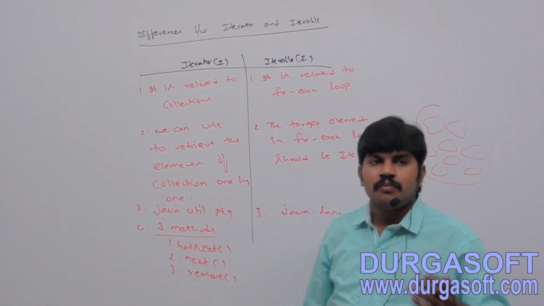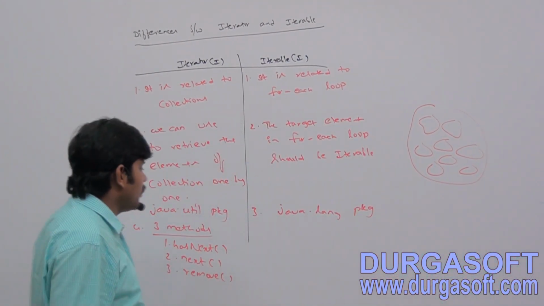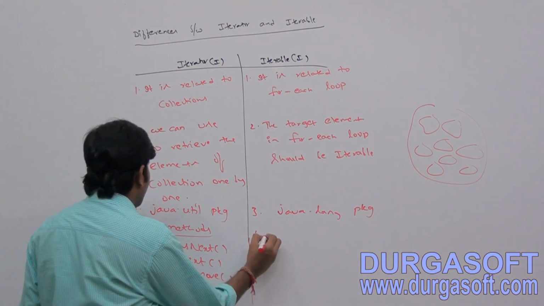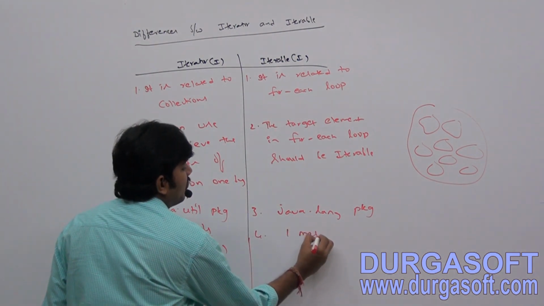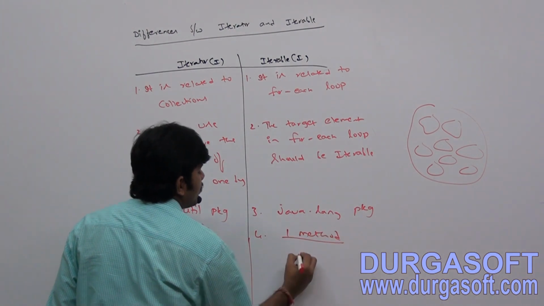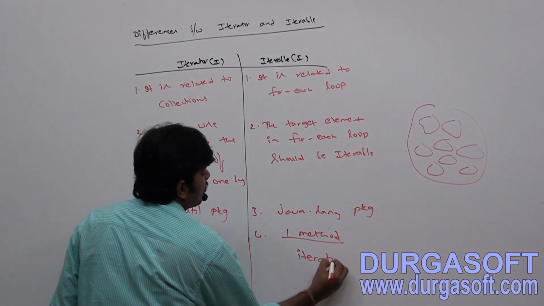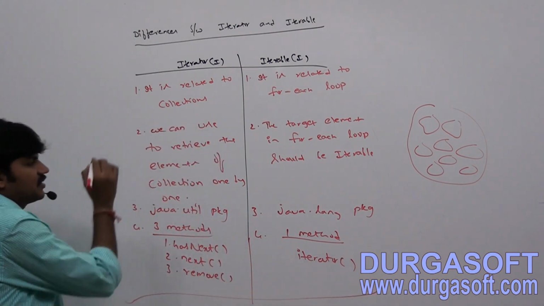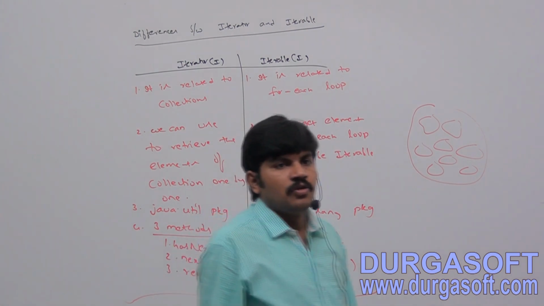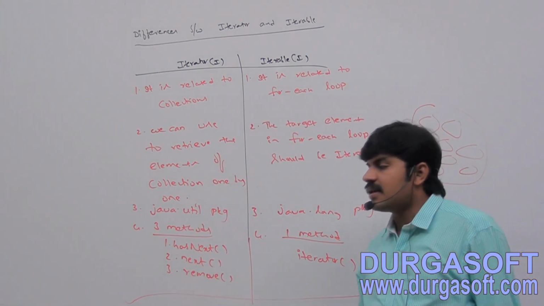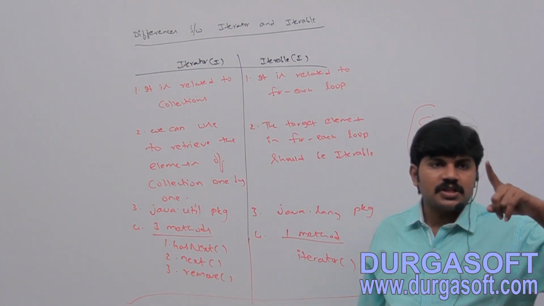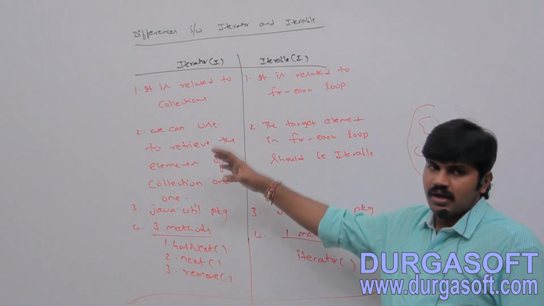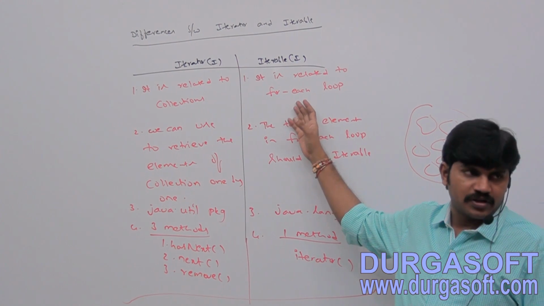I hope it's clear. But how many methods does iterable contain? One method. What is that method? The iterator method, right? That's all. If anyone asks what is the difference between iterator and iterable, there may be a chance to ask. Iterator is related to the collection framework; iterable is related to the for each loop.